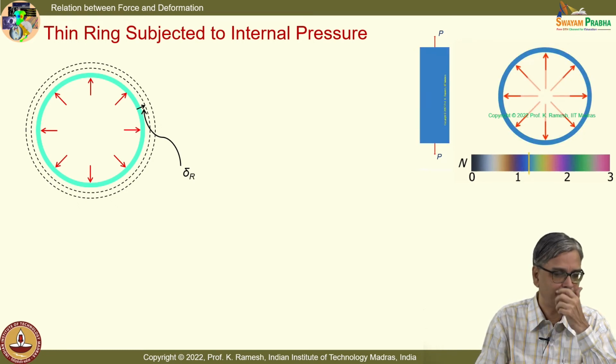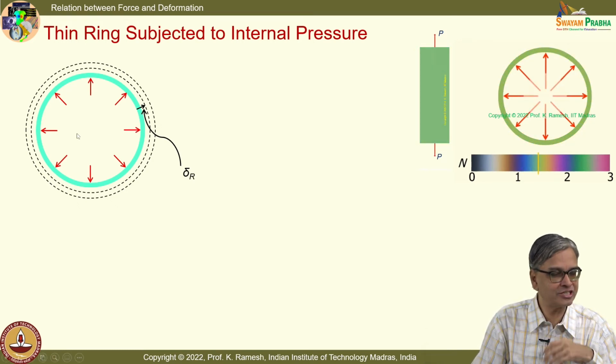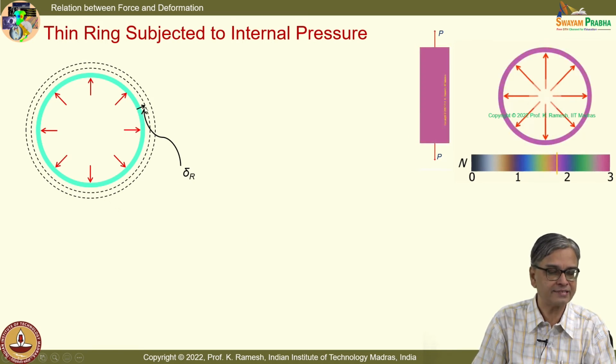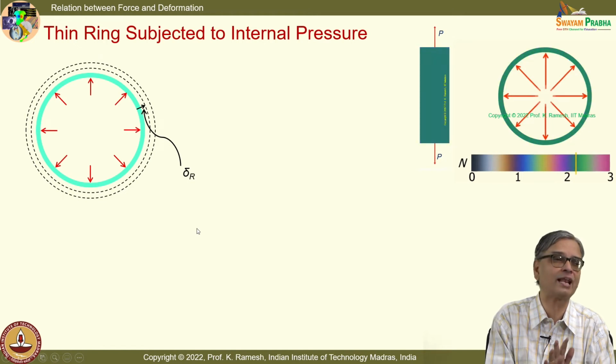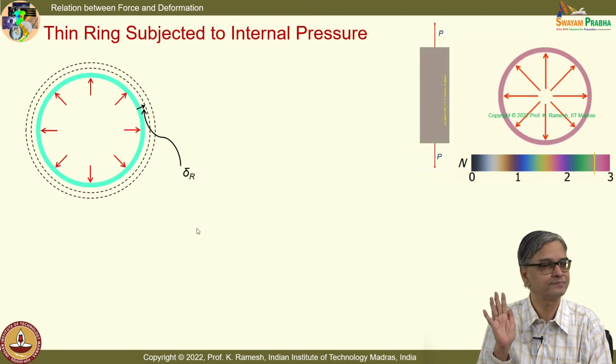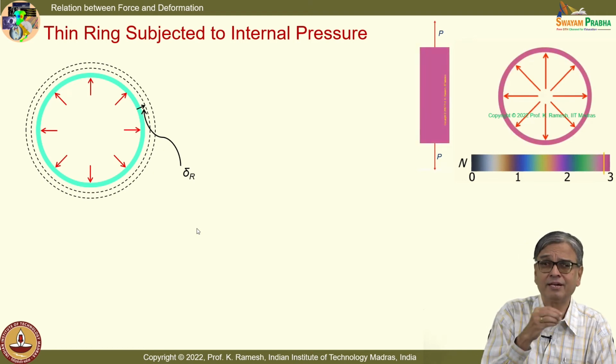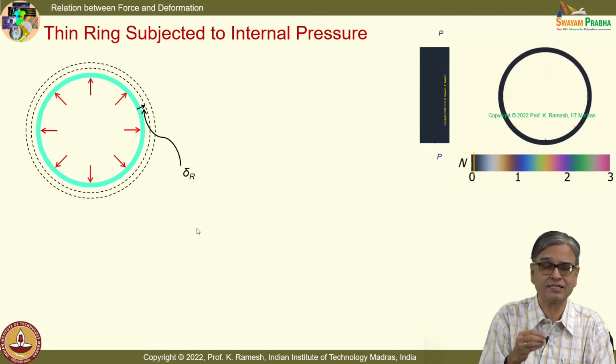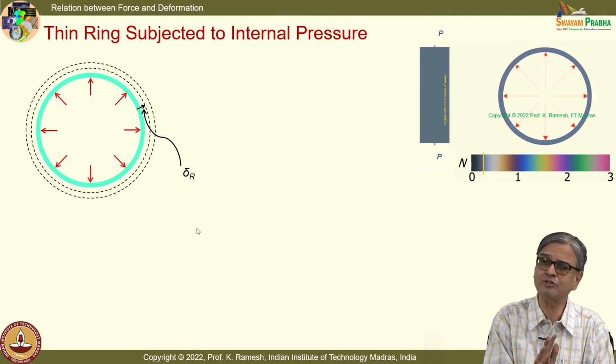Fine. Now, I draw an imaginary line along the horizontal axis, and I call this radial displacement delta r. My interest is to calculate delta r with the background that we have developed so far. We have not developed the concept of stress in great detail, but this is sufficient to solve this problem.